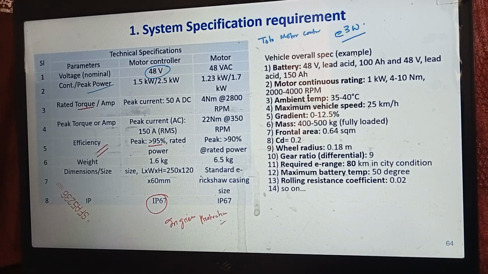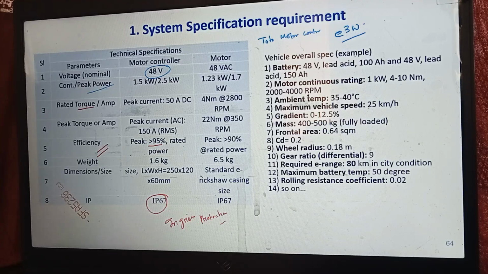You must have seen that when I showed you the image of the e-rickshaw, the motor was exposed to the environment. Similarly, the motor controller is also there in the vehicle. These are all used for outdoor applications, isn't it? So this motor controller may be subject to dust, and it may be subject to some water issues. How your motor controller or motor is protected from water and dust, that rating is given by the ingress protection rating.